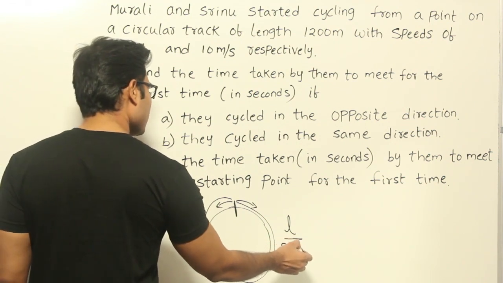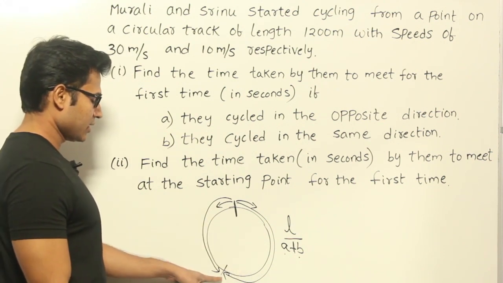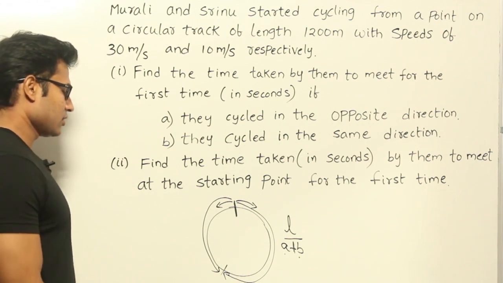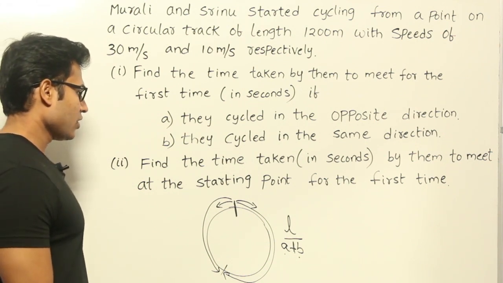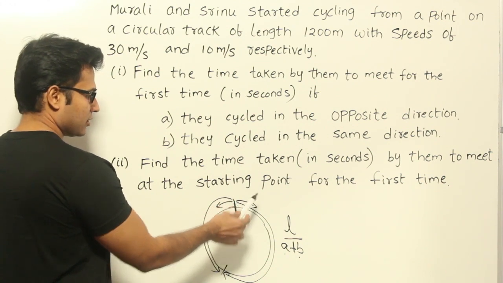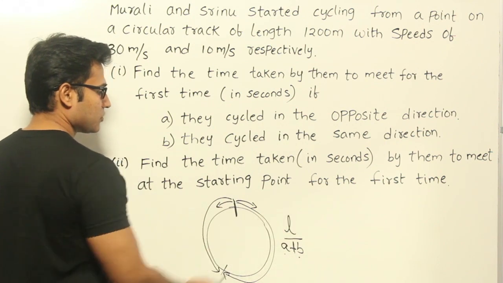If you assume that the speed of one person is A and the speed of the other person is B, this is the time taken by them to meet for the first time. If you are not able to understand it this way, what you could do is just cut the circular track here and open it up in a straight line.